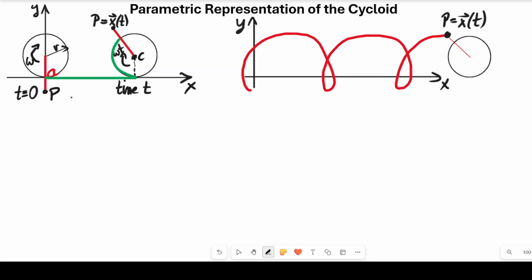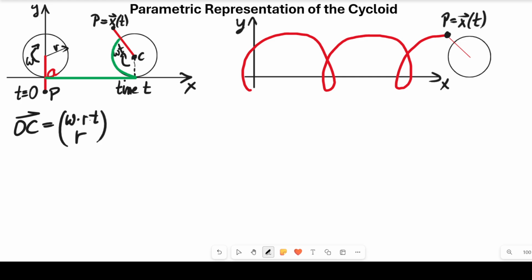And first we describe the location of the center. So we go from the origin to the center, the positional vector. The y coordinate is always the same, as the wheel moves on this flat x axis, so it is always r, radius r, but the x coordinate here is omega times r times t.